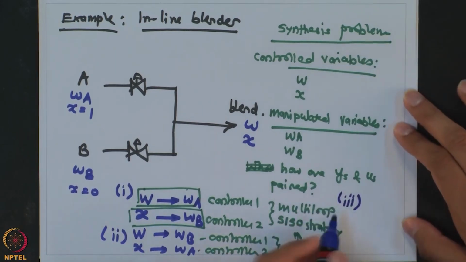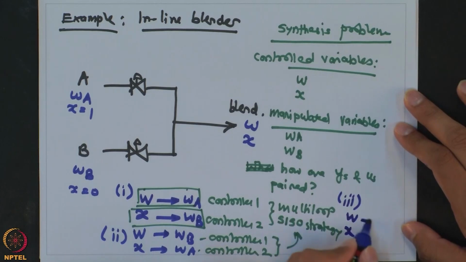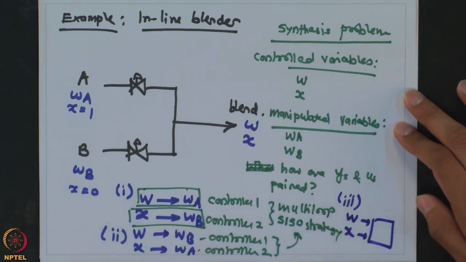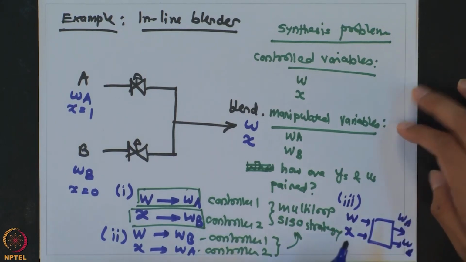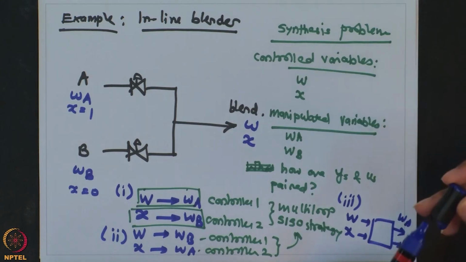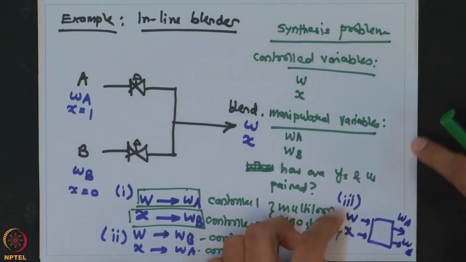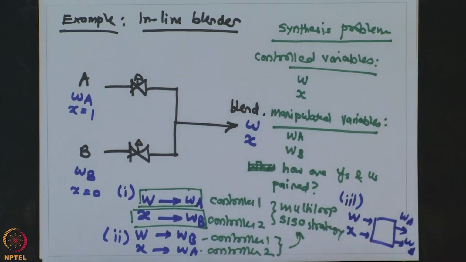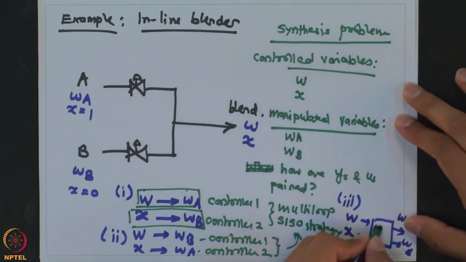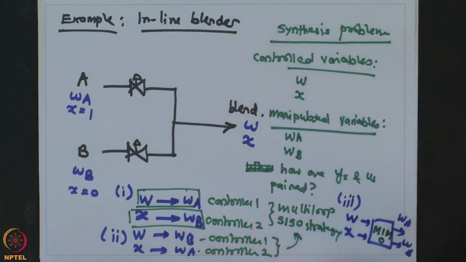So the third option is that both these values are taken together and simultaneously they will give you what should be the manipulated variables. This type of controller which has multiple inputs and multiple outputs is known as a multi-input multi-output controller or a MIMO controller.